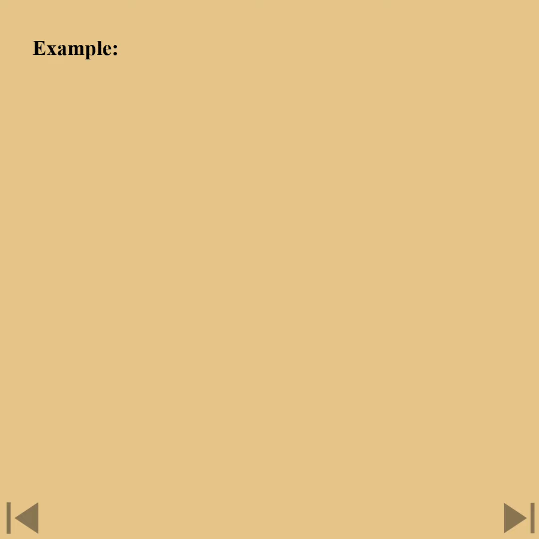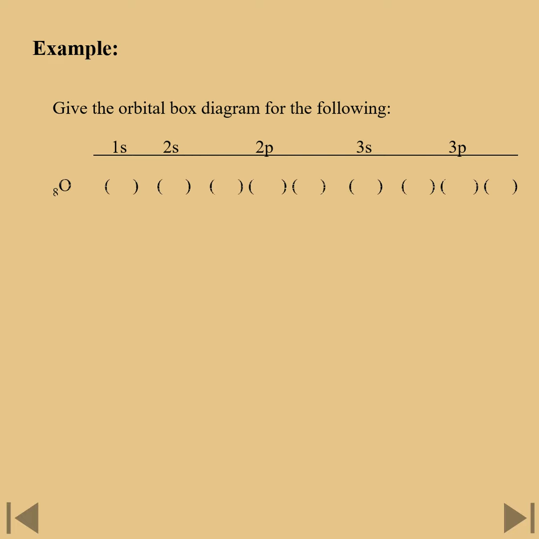Okay, let's do some examples. You have the orbital box diagram for the following, and we have oxygen with an atomic number of 8. It says we have 8 electrons. And we know that we're going to put our first two in the 1s, and one will go spinning up, and the other one goes spinning down. So one arrow up, one arrow down. Then I fill my 2s.